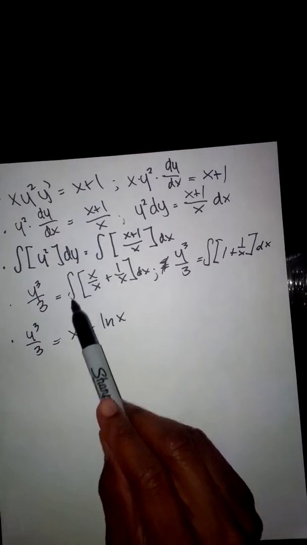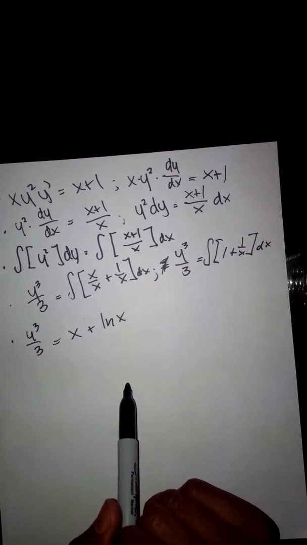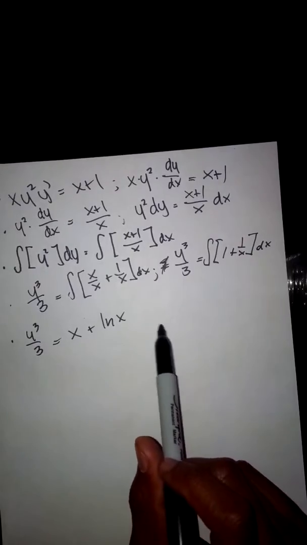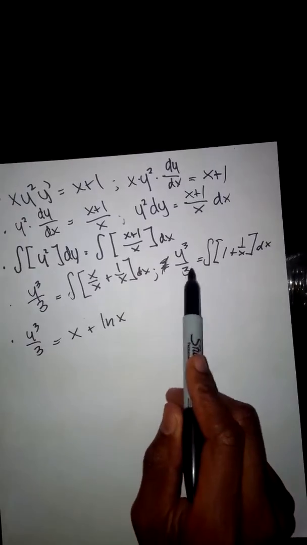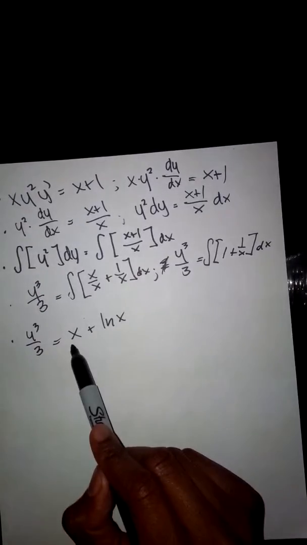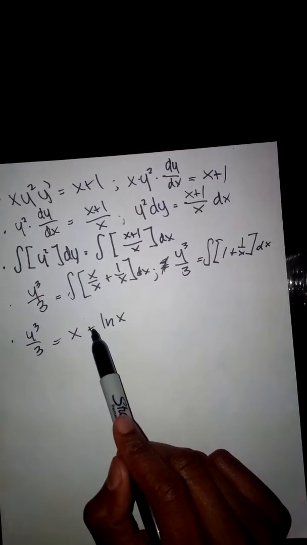Now, because both of these are indefinite integrals, we're going to need our constant of integration, right? Technically, this is y cubed over 3 plus c, and this is going to be x plus c and ln x plus c once all integrals are evaluated.